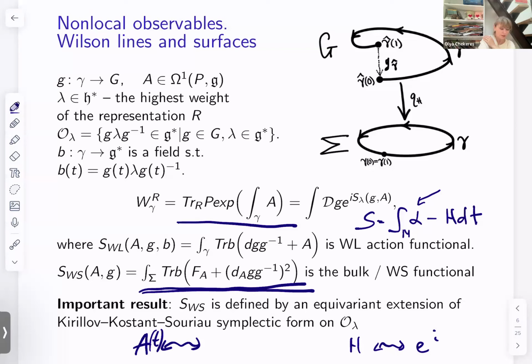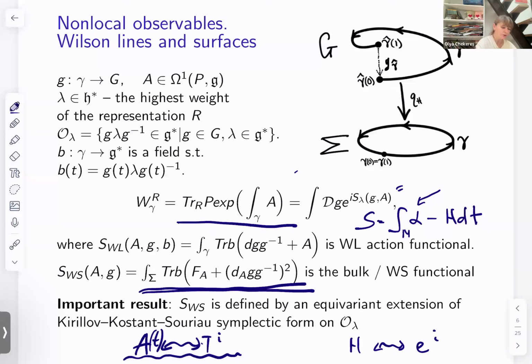So there are some generators sitting here, and we can construct the Hamiltonian out of this Hamiltonian function coupled to the generators of the algebra. So this is how we put it in correspondence.